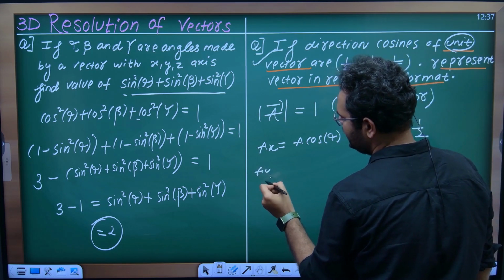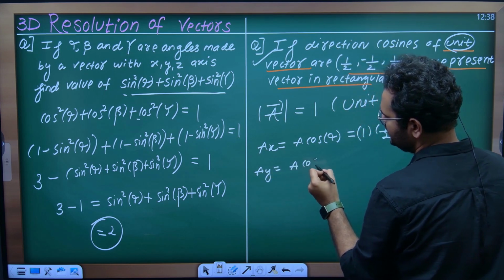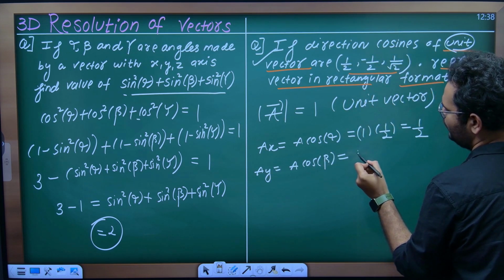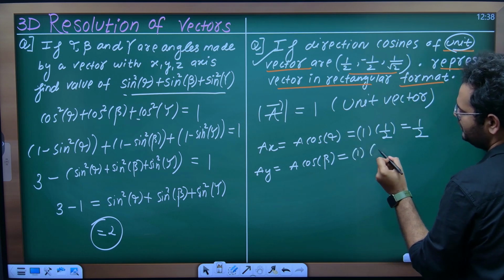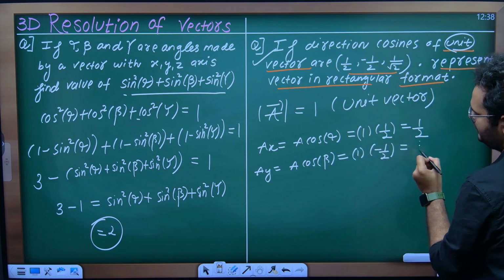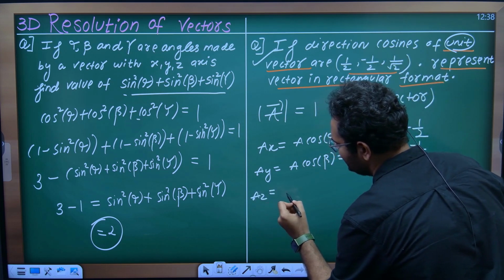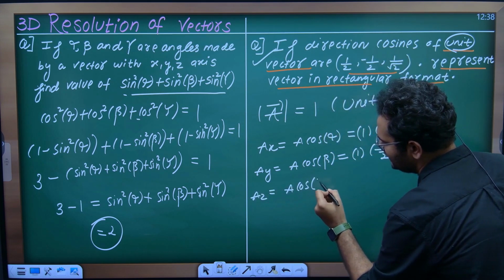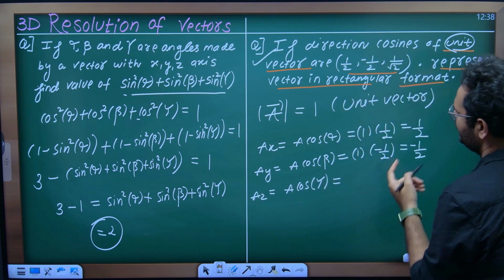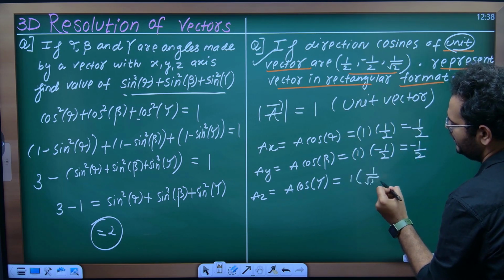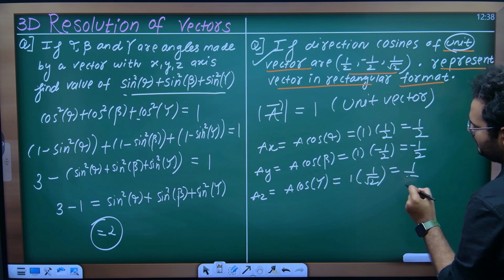Similarly, I can write ay as a cos beta. It is 1 into the cos beta value, that is minus 1 by 2. And az is equal to a cos gamma, equal to 1 into cos gamma, that is 1 by root 2.